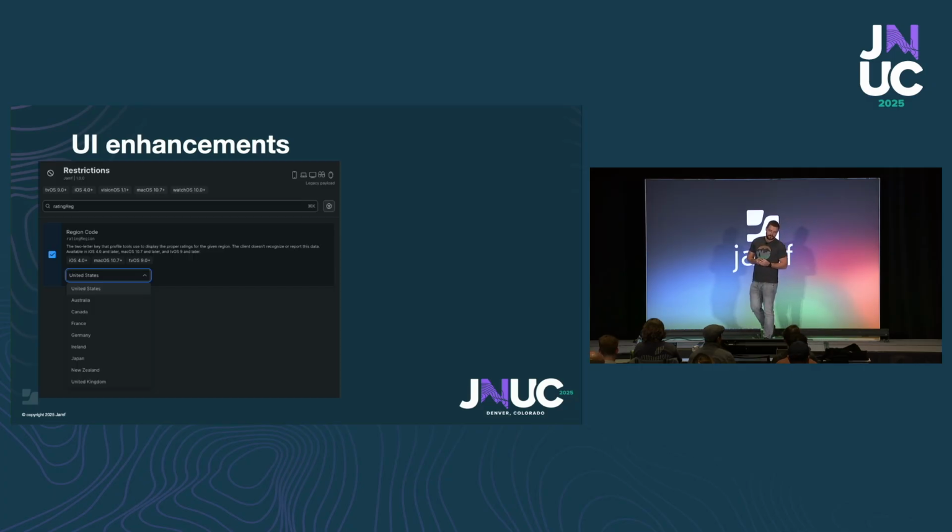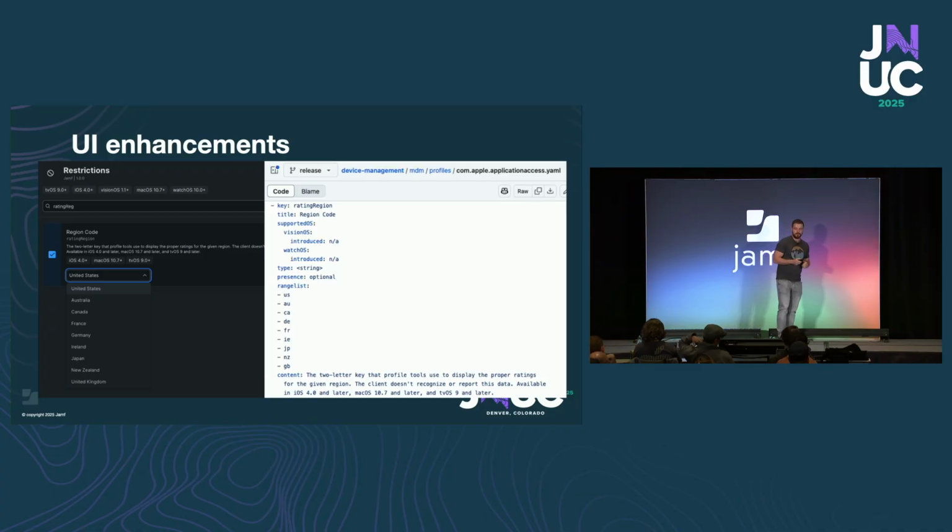A good example could be the rating region code. You have a list of countries to be selected, and in the Apple documentation, there is a range list with country codes. Instead of giving you just these country codes, which may confuse you, we give you the list of countries, but on the device, it's the correct code.